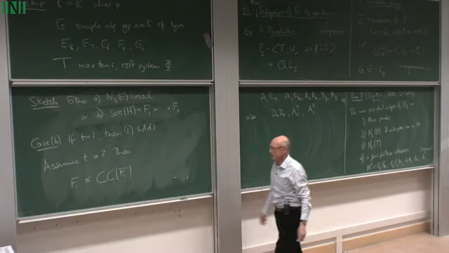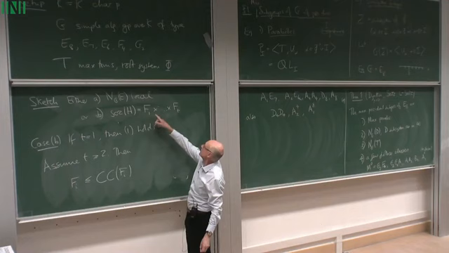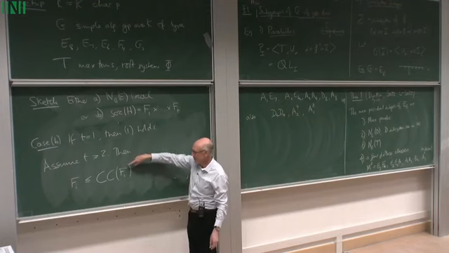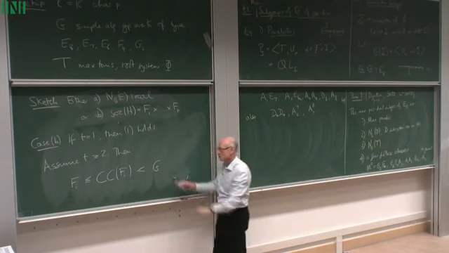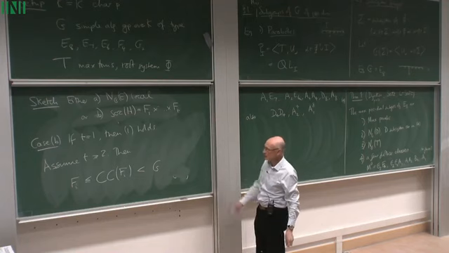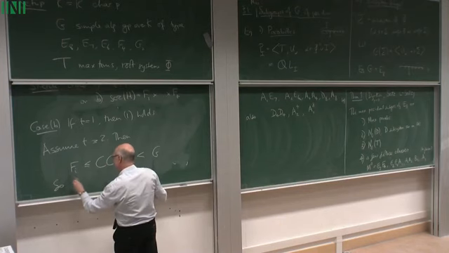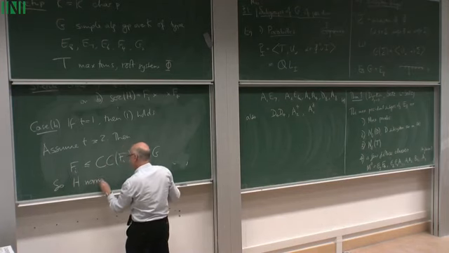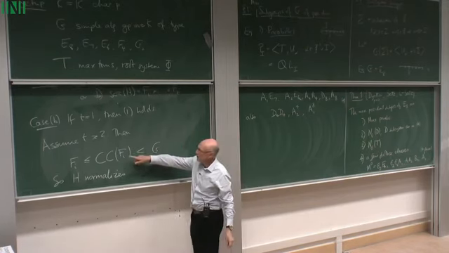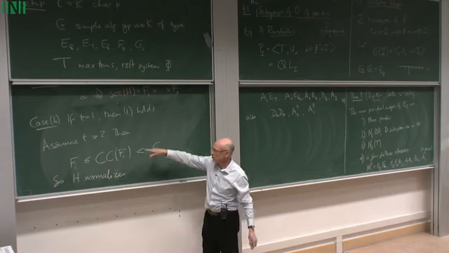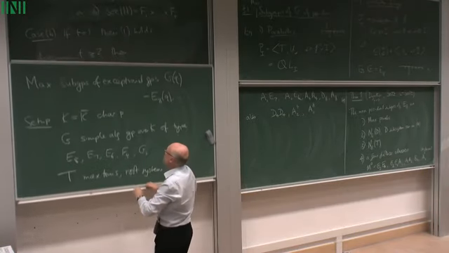Fi centralizes its centralizer. But the point is that the centralizer of Fi contains all the other Fs. So it's not the identity. So this is definitely a proper subgroup of G, where G is our algebraic group. And just a very elementary one-line argument tells you that the group generated by all these double centralizers is just their direct product. So H normalizes the direct product of all these double centralizers.